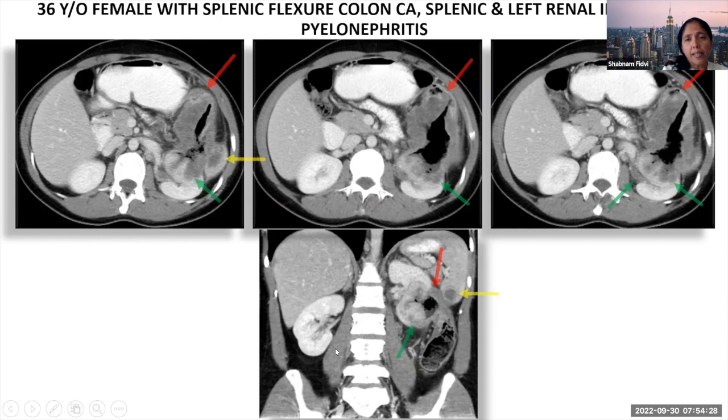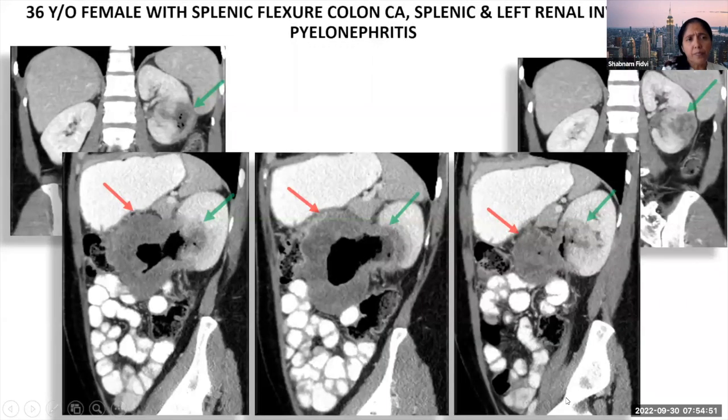You can see that there's contiguous invasion of the spleen, denoted by the yellow arrows. And then it also basically invades the left kidney. You can see fluid and gas extending into the anterior left renal parenchyma. The patient was febrile and suspected left pyelonephritis, which was subsequently confirmed on UA.